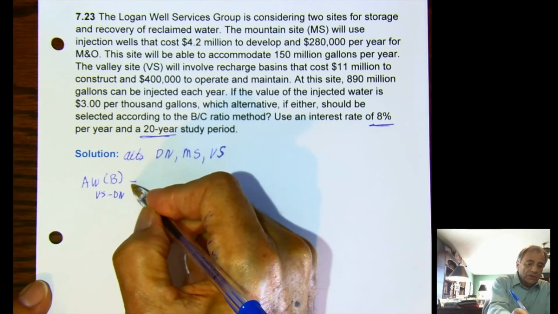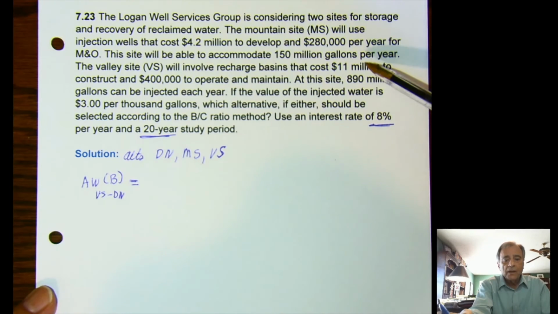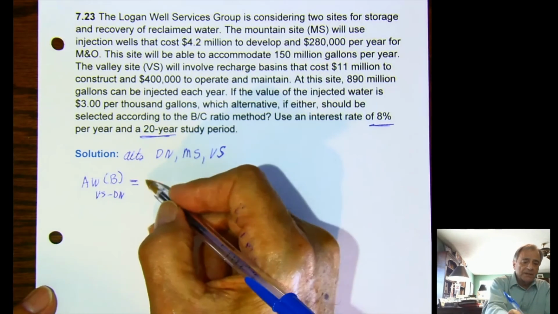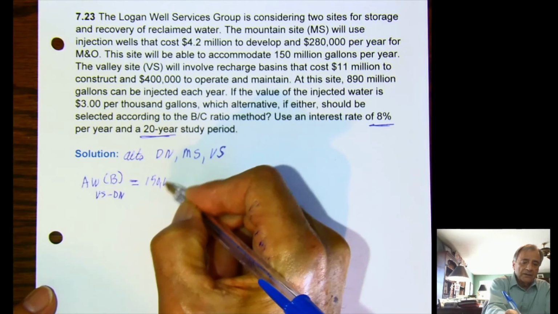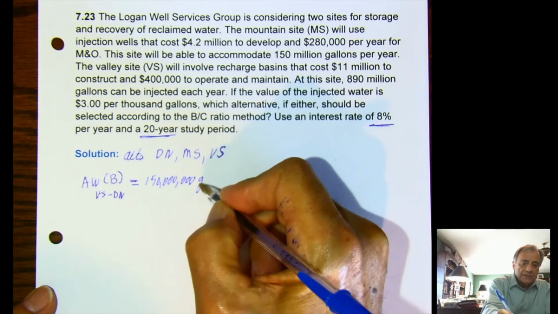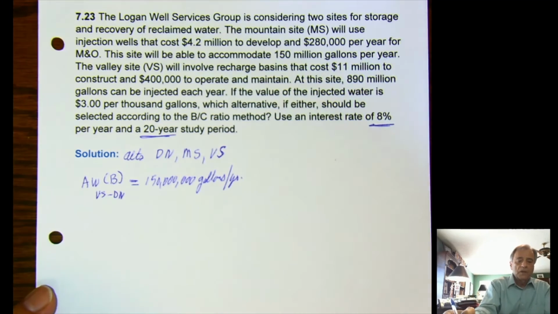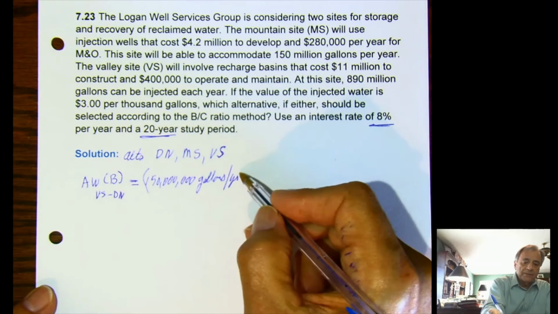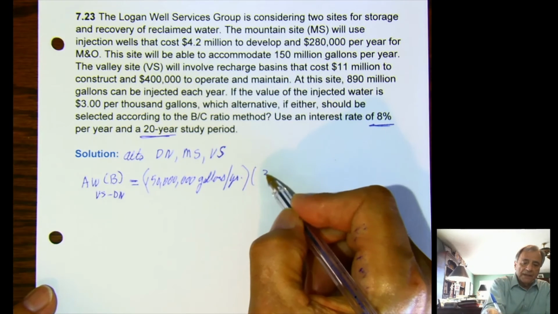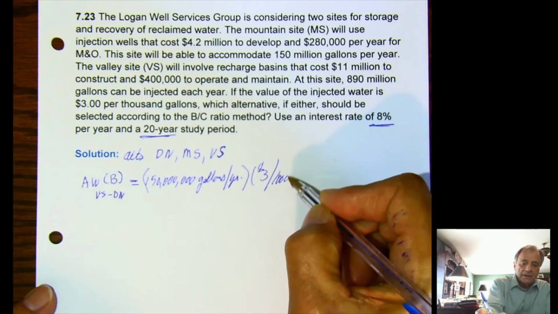So we'll start with the annual worth of the Valley site. Well, there's 150 million gallons that can be processed in that site, gallons per year. We're going to multiply that by $3 per 1,000 gallons.